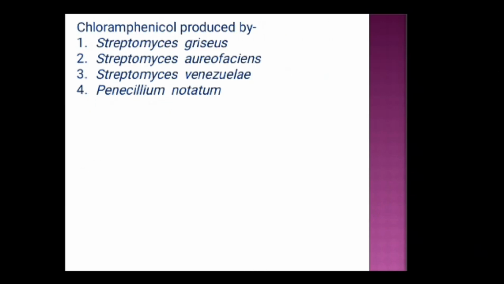Okay. Next is chloramphenicol produced by option 1 Streptomyces griseus, option 2 Streptomyces aureofaciens, option 3 Streptomyces venezuelae, option 4 Penicillium notatum. And the correct answer is Streptomyces venezuelae, that is option 3.